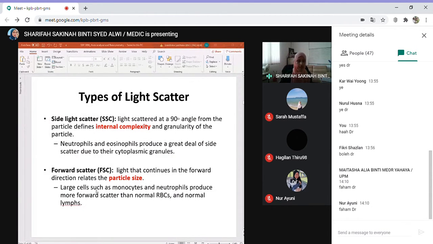Large cells such as monocytes and neutrophils produce more forward scatter compared to red blood cells and normal lymphs, because normal RBCs and normal lymphs are smaller compared to the monocytes and neutrophils. Therefore, the side scatter and forward scatter will produce more accurate data compared to the conventional method, where you have to withdraw samples from patients, stain them, smear them on the slide, and then look under the microscope.